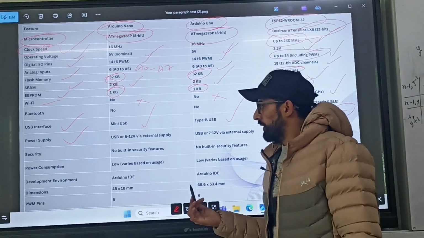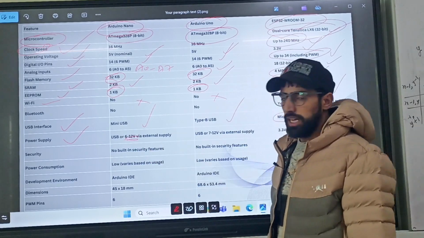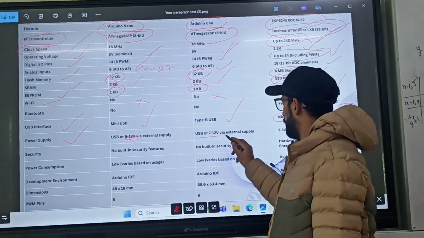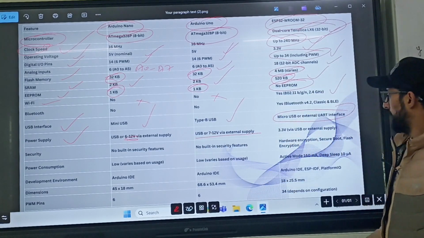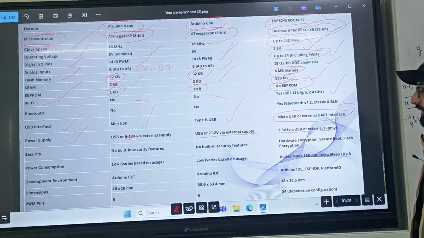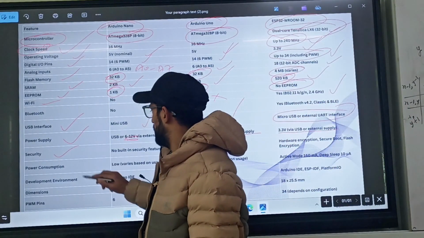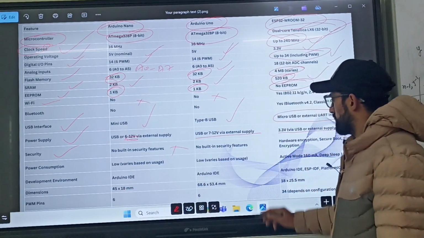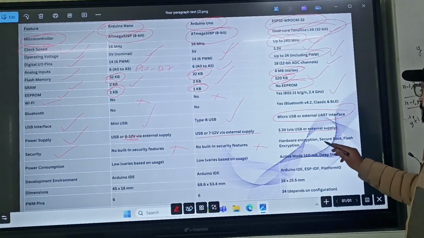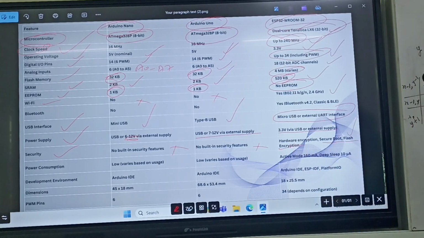In Arduino Nano we can give an input supply from 6 to 12 volts, but I prefer you to connect 6 to 9 volts, and in Arduino Uno 7 to 12 volts, but ESP32 works on 3.3 volt. Now talking about security. Nano has no security options, also Uno, but ESP32 provides hardware encryption, secure boot and flash encryption.